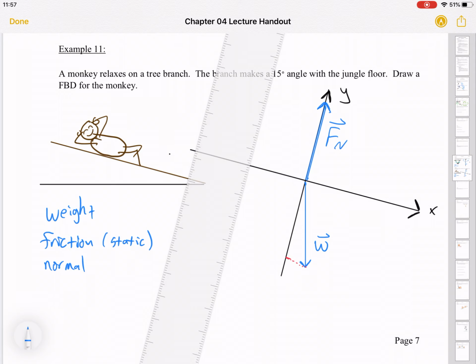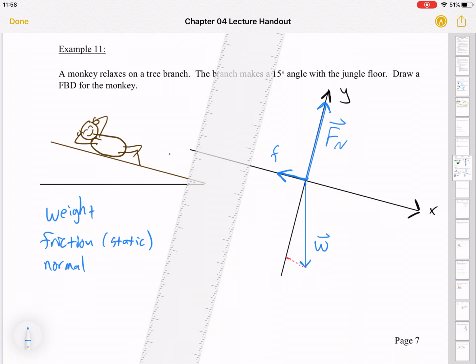So for now, let's just draw the static friction. It does point up the ramp in this case, up the branch, and it's going to be this length of the x component of weight. So it's just a little arrow pointing like here. There, that's friction.